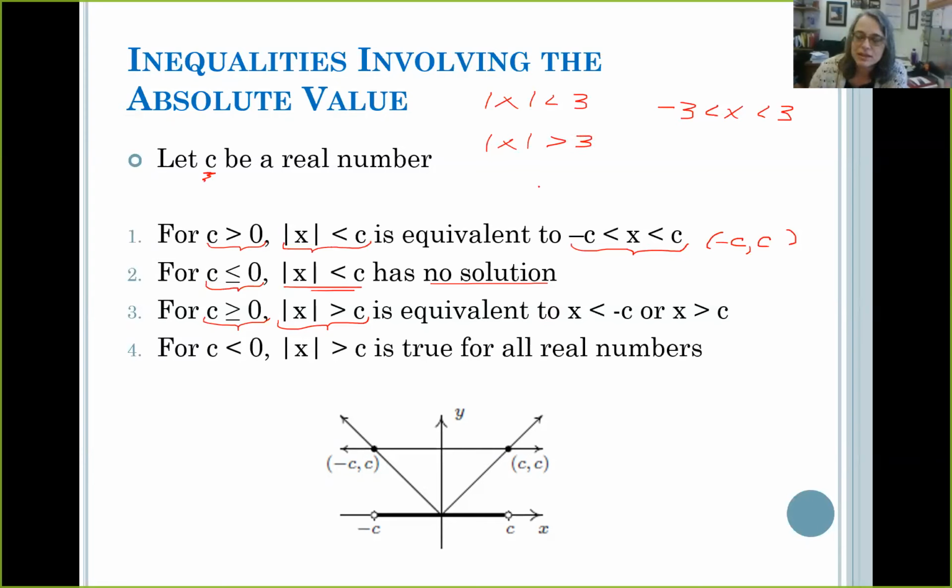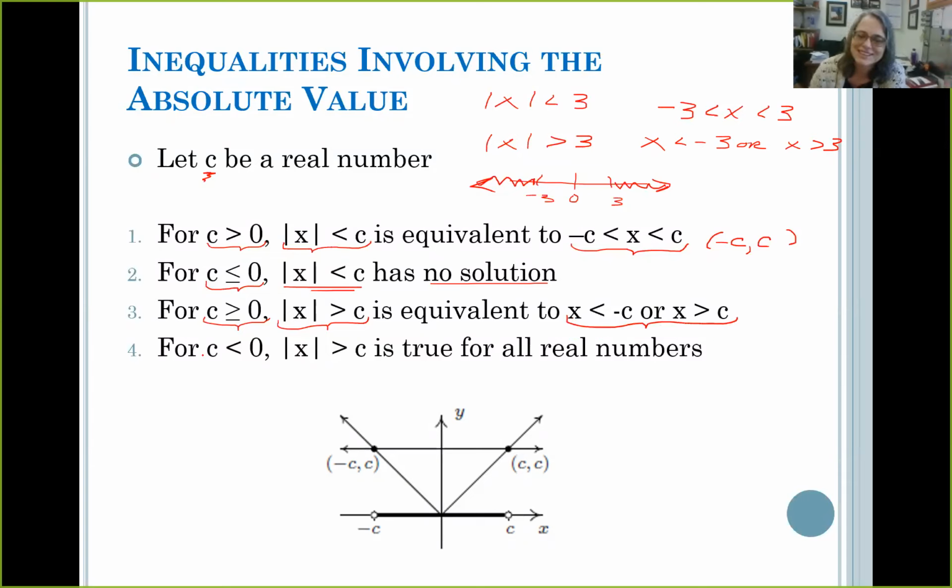What we're saying there is I've got a no man's land between -3 and 3, and all of my solutions have to be out here. So that is x less than -3 or x is greater than 3, which is what we say right here, right?